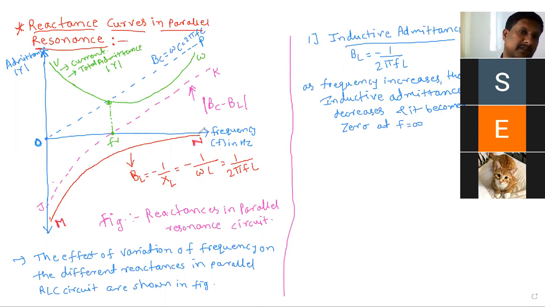When frequency becomes infinite, it reaches zero. That is the red color curve I am talking about. That is the EMN curve, so here you can write EMN curve so that you can understand.